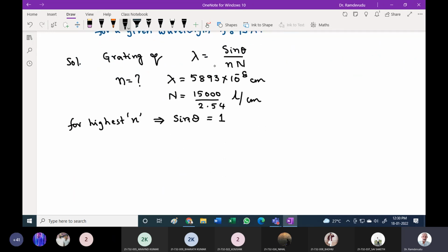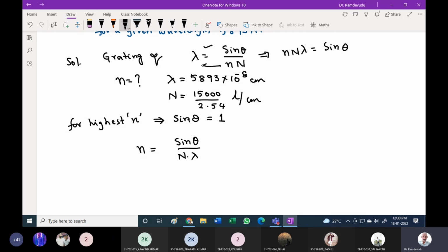Because sine theta and n are directly proportional. If you see here, if I take n to the other side, I can write this as n lambda is equal to sine theta. Hence, I want to find n, which is equal to sine theta by capital N into lambda from this equation.